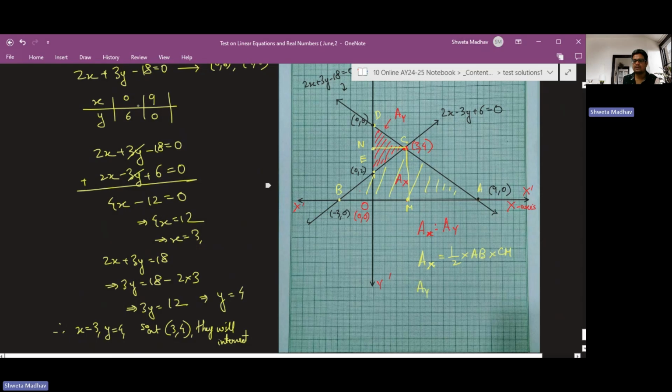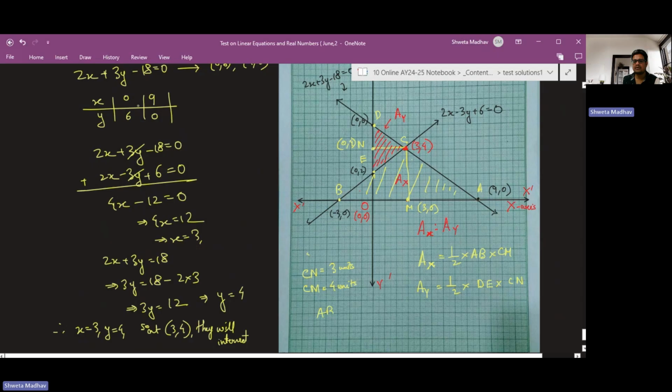And similarly, AY, which is the area formed with the y-axis, is half into base length DE into the height, that is CN. As you can see, the point M is obviously (3, 0), and point N is (0, 4). So the length CN is 3 units, and the length CM is 4 units.